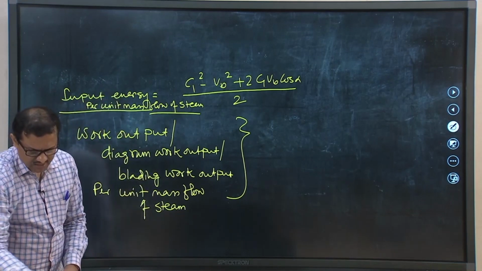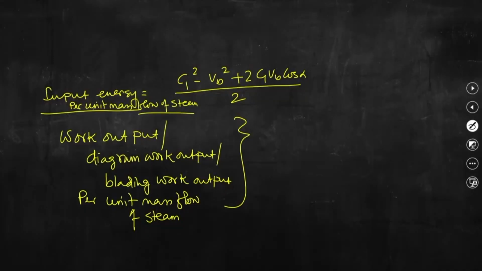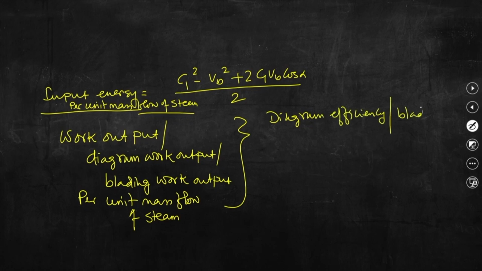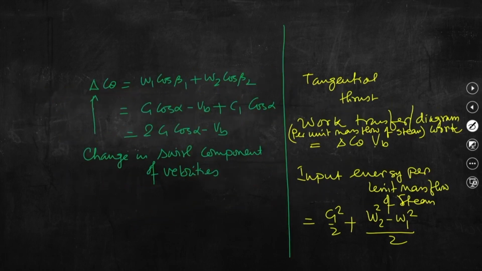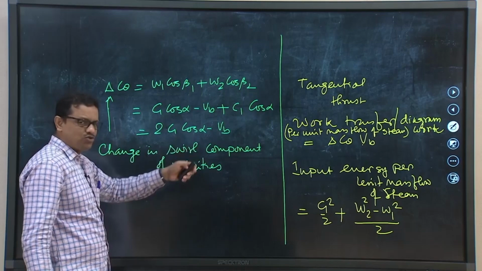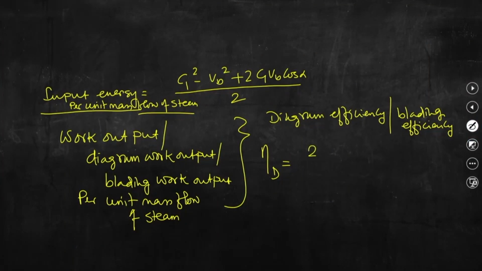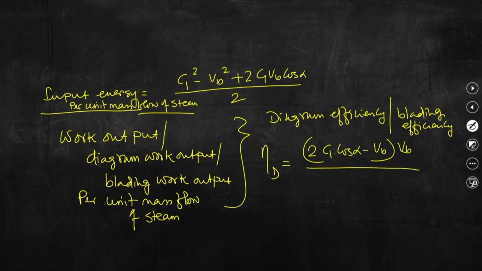Now, if we write it, then this diagram efficiency or blading efficiency eta d would be equal to delta C theta into Vv, that is 2 C1 cos alpha minus Vv into Vv, divided by this quantity.